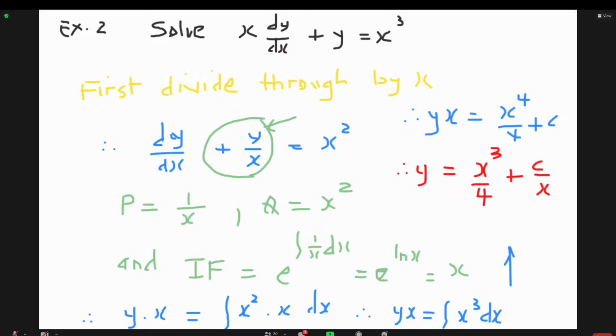The concept, the principle remains the same. It's just that the integration is going to get a little bit more complicated. So let's see, Example 3. But more often than not, don't let it confuse you. Solve dy dx plus y cot x is equal to cos x.